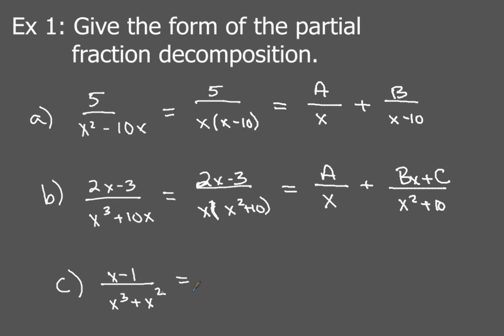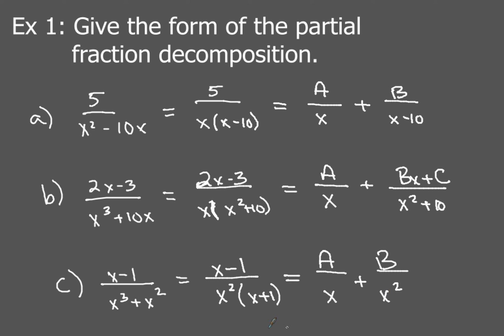Now, let's take a look at example C. We'd have x minus 1 over x squared. This time we're going to be able to pull out an x, and then we're going to have just x plus 1 as our remaining factor. So again, this one is going to be a little bit different, and we're going to have A over x plus B over x squared. Those two pieces are going to be the possible factors for this x squared.